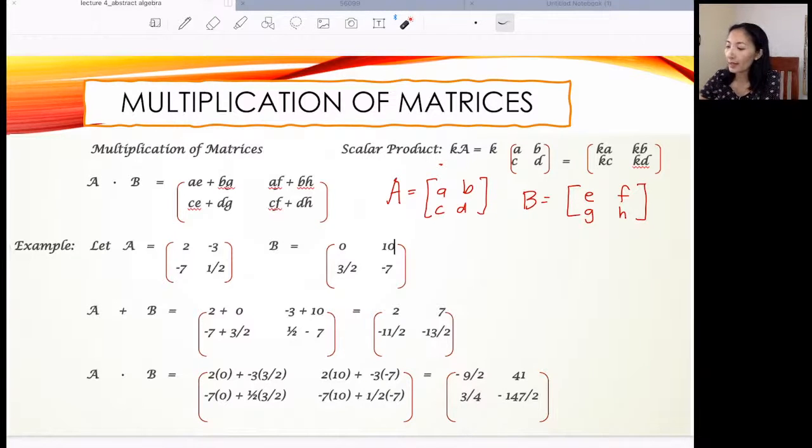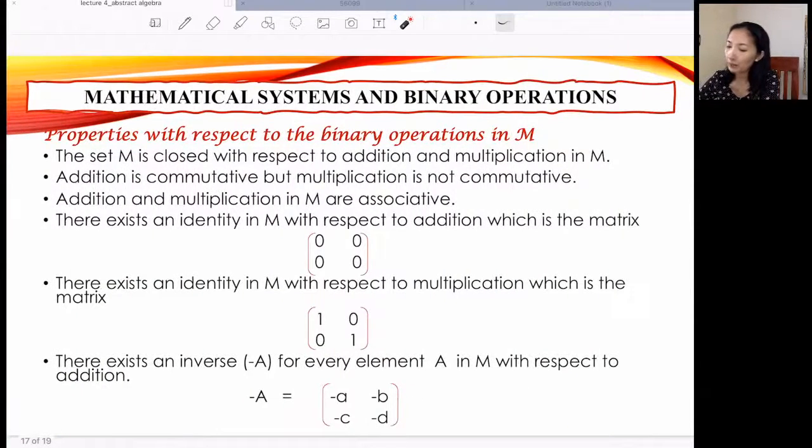Let me highlight the properties with respect to the binary operations. In M, the set is closed with respect to addition and multiplication. When you add two 2x2 matrices, or multiply two 2x2 matrices, the result is also a 2x2 matrix. Therefore, it is closed.